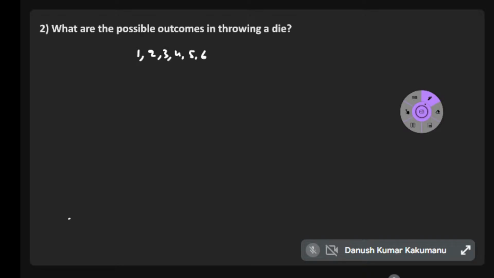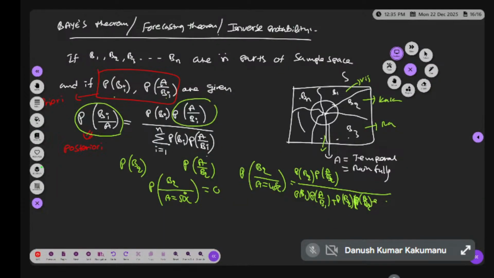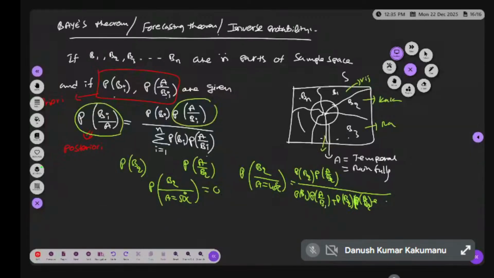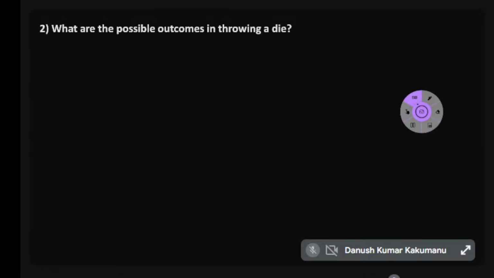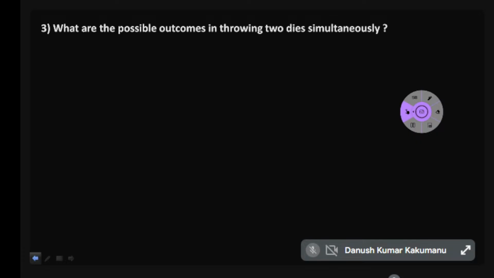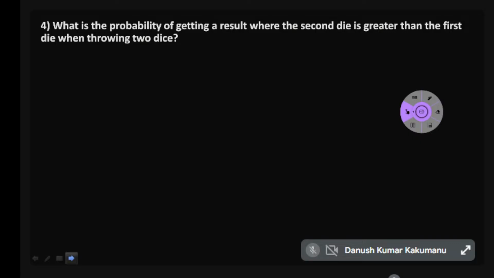Coming to the next. What are the possible outcomes in an experiment? All of you understood? What about throwing two dice simultaneously? How many outcomes are there? You can write 36. Already discussed.